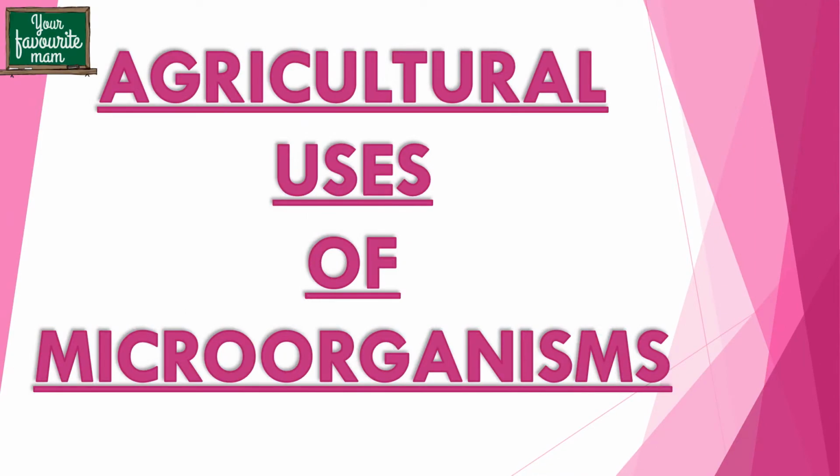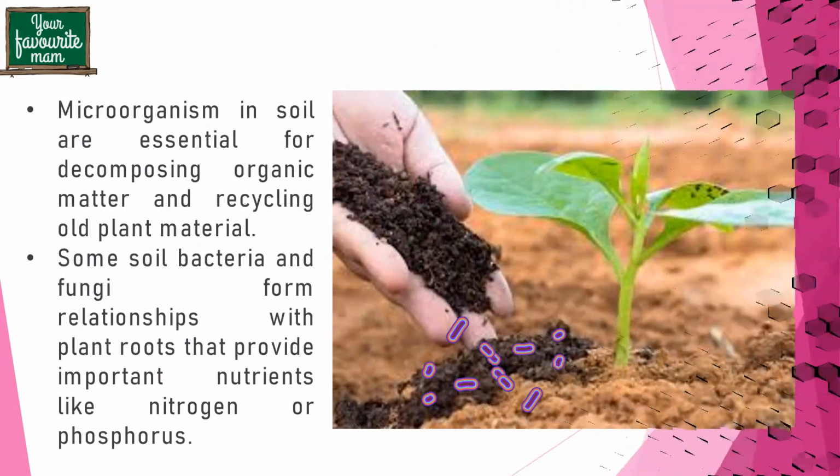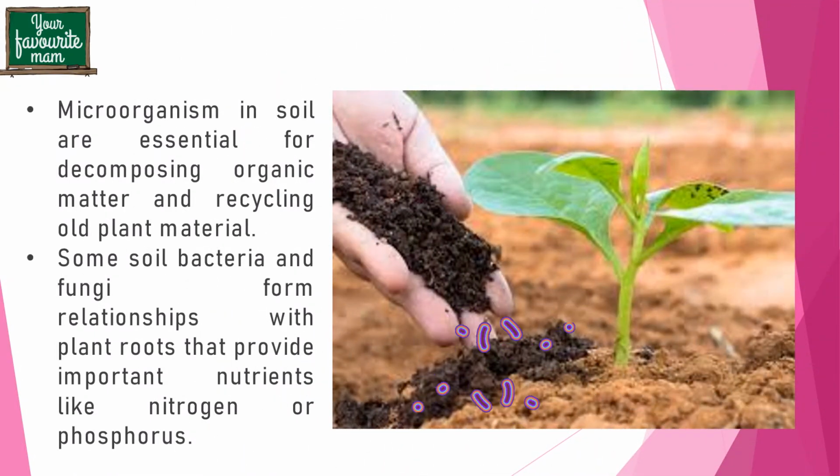Now let's talk about the agriculture use of microorganisms. Microorganisms play a very important role in agriculture because the soil microbes are essential for decomposing organic matter and recycling old plant material.